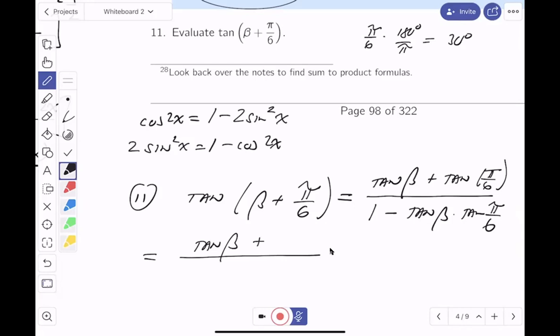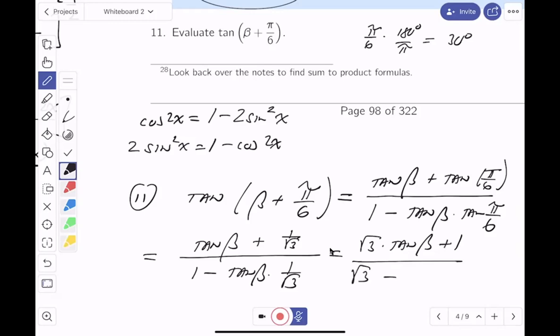That would be 1 over root 3. 1 minus tan of beta times 1 over root 3. I would multiply top and bottom by root 3, and you would get root 3 times the tangent of beta plus 1. And on bottom, you would get root 3 minus the tan of beta.